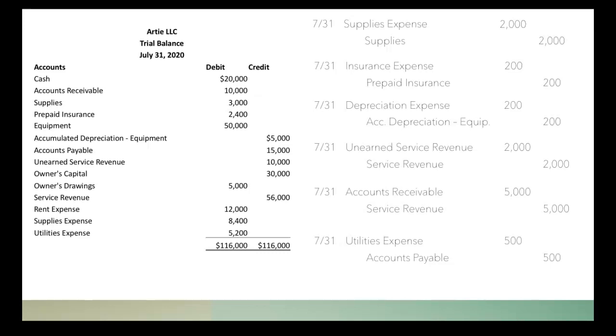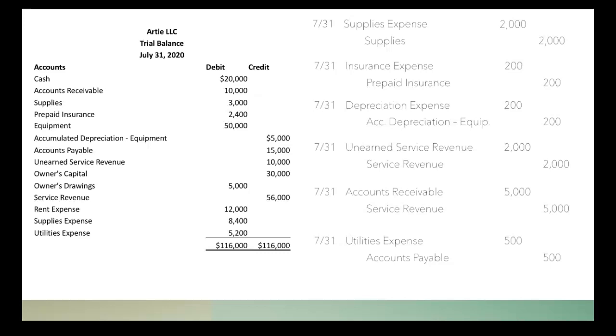And you might sit there and think, okay, I don't know what expense I'm supposed to pick. Supplies expense, right? So a common hurdle that I see students trying to get over is sometimes overthinking adjusting entries can get you in trouble, right?